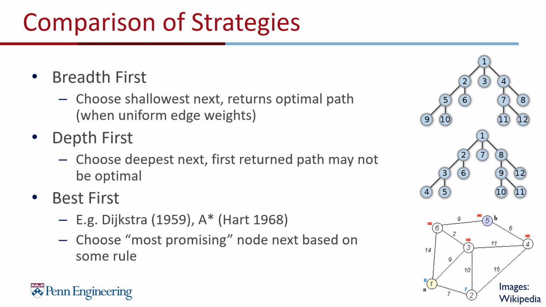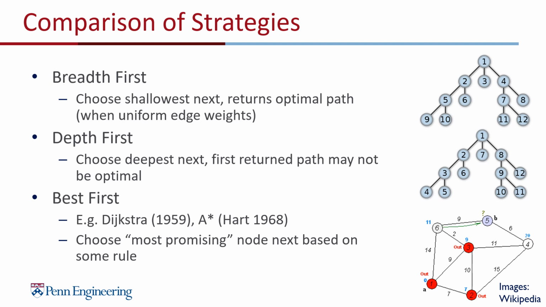Let's compare these strategies. In BFS, we were searching, starting from our start node, at every time trying to choose the shallowest node possible that is a neighbor of the current node. It will return an optimal path as soon as it reaches the goal node, assuming that we have uniform edge weights.